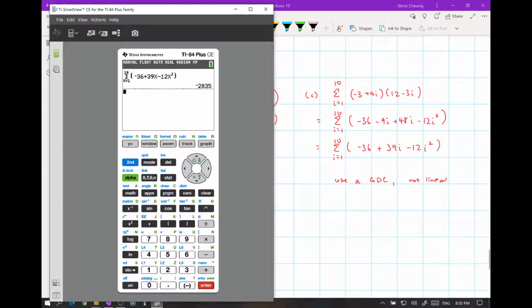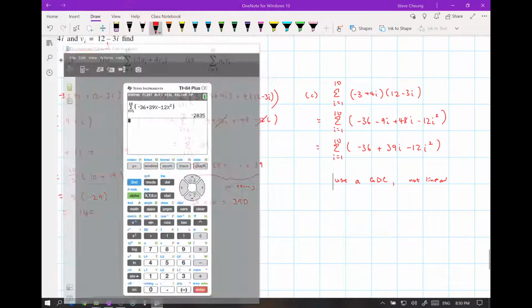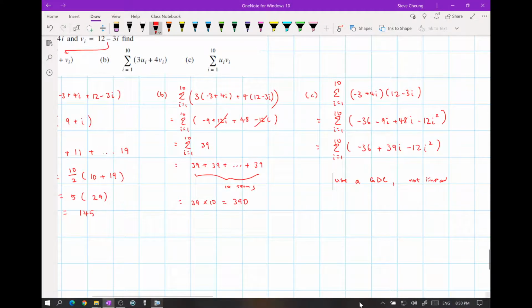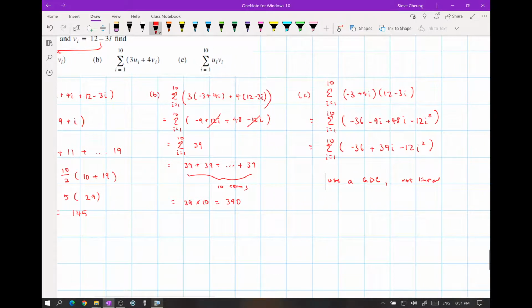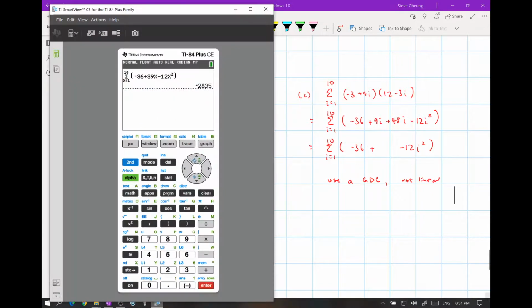So that means my foiling is wrong. Let me check really quick. Did I substitute these two things right? Yes. Ah, this should be a plus. Why won't it let me?